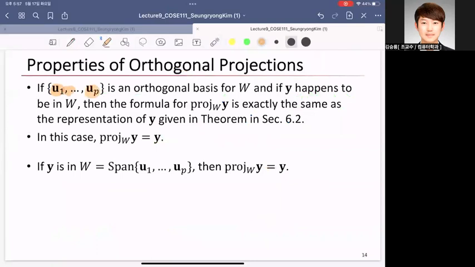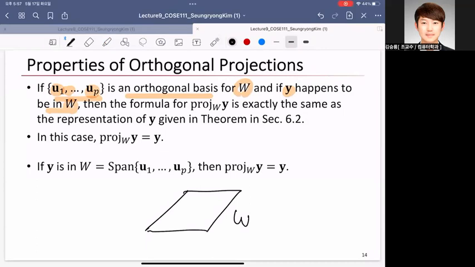One more thing is that if u1, u2, up is an orthogonal basis for W, and if y happens to be in W, meaning y is in this space, then the formula for the projection of y onto W is exactly the same as the representation of y given by the theorem in chapter 6.2.